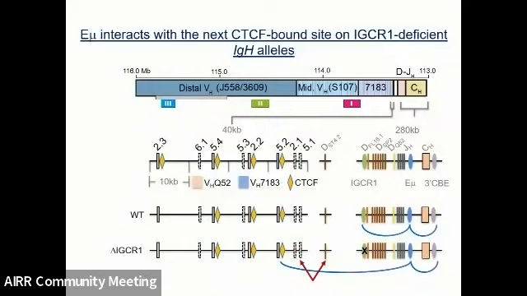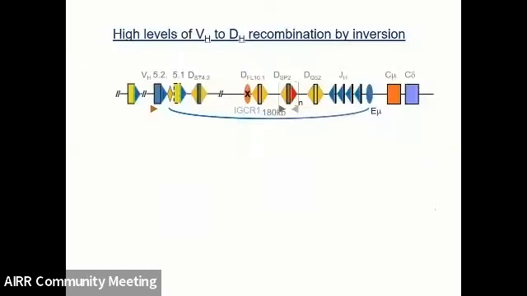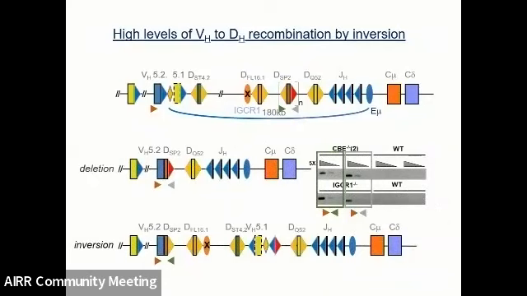Okay, and there's one additional feature of that gene segment going there that I want to quickly go through in the next couple of slides, and that is that the V gene segment now undergoes high levels of inversional recombination, which has never been observed on the heavy chain locus, in part because the V genes recombine to DJ genes. Okay, but here they undergo inversional recombination.